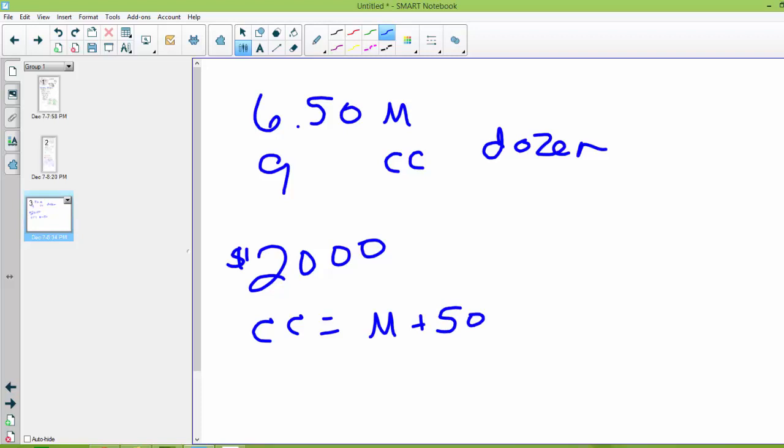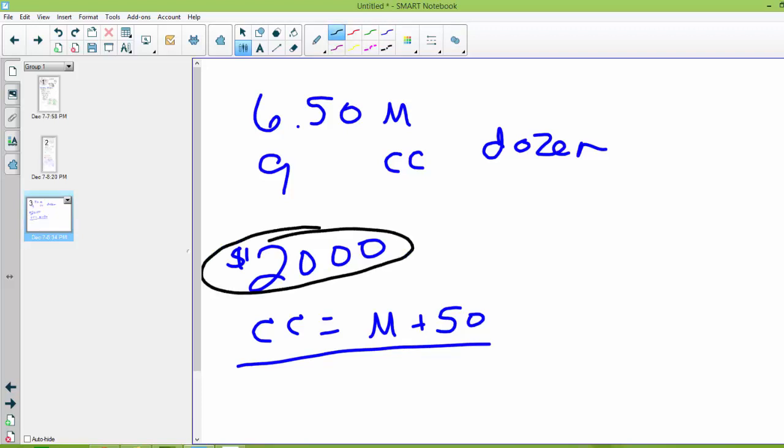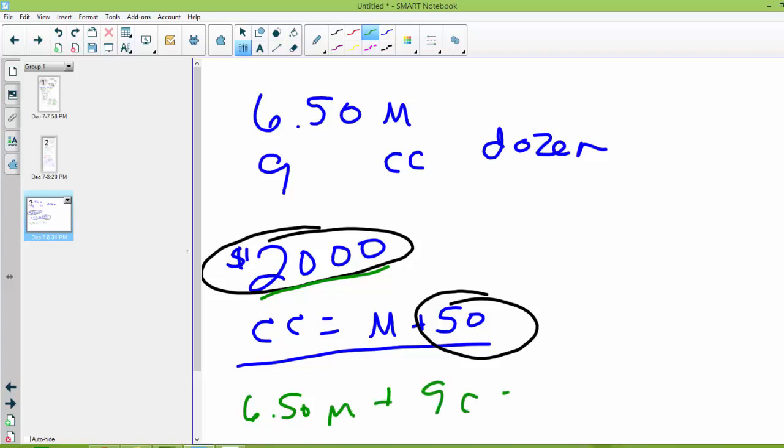All right, so this is actually one of our equations. The two equations always deal with, not always, but in these situations deal with money and the total. So if it said that the total for the chocolate chip and the mint was 50 dozen, you would have put the chocolate chip plus the mint is 50. For the price equation, we need the $6.50 for the mint plus the $9 for the chocolate chip equals the $2,000.